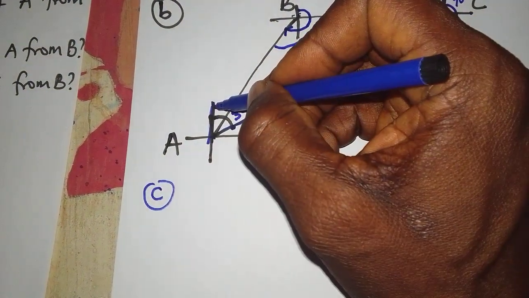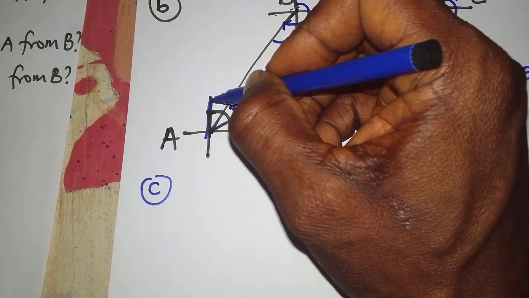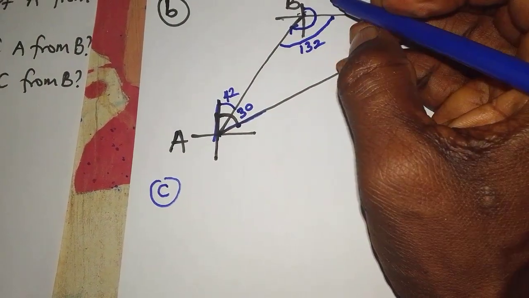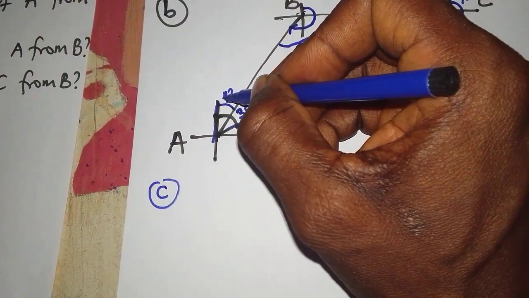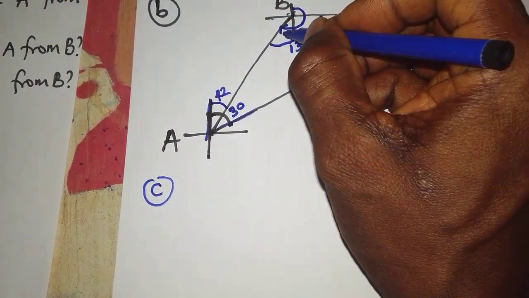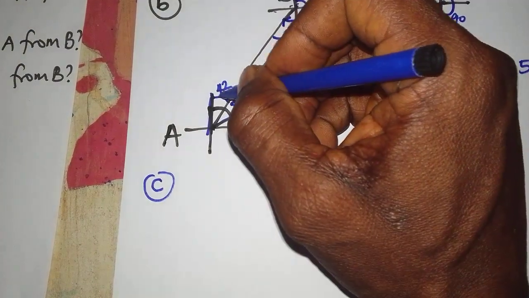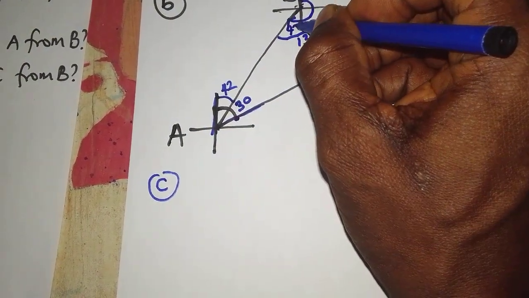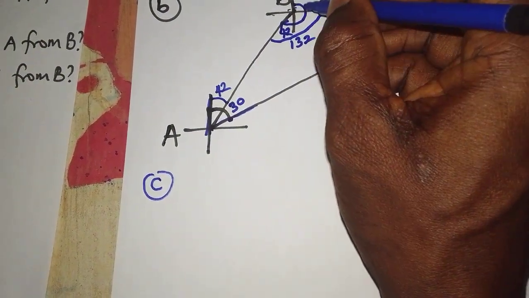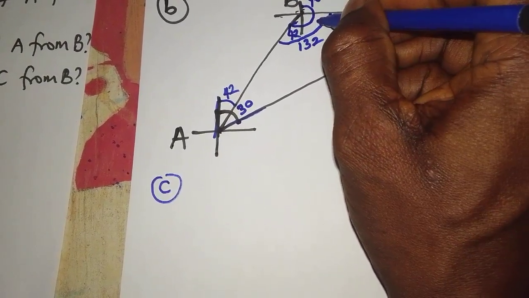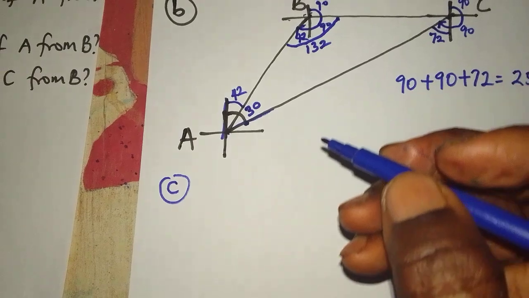And you know that we said that this angle here from this north up to this first angle is 42 degrees. Since this line and this line are parallel, if this is 42, this also will give you 42. So from the north up to where this line is, this one is 90, this is 90 plus this 42.